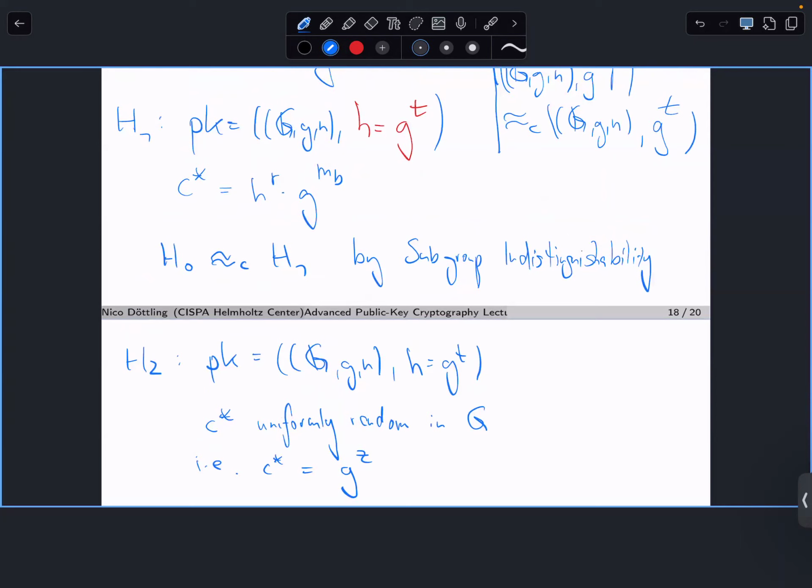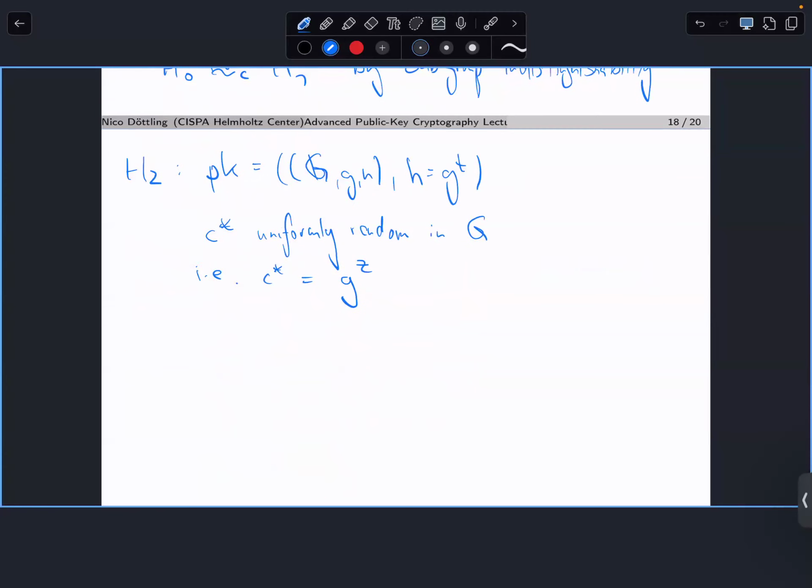If I choose my ciphertext uniformly random, then the advantage of our adversary in H2 is 0, right?